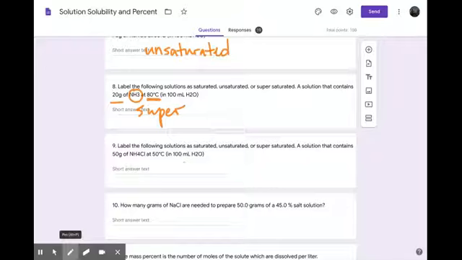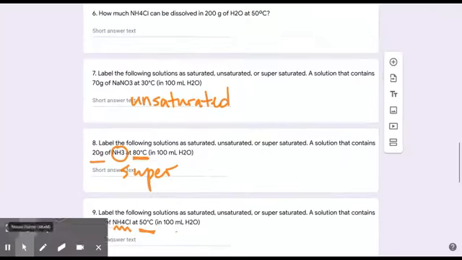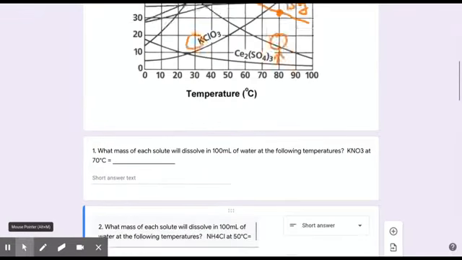Okay. Number 9. Label the following solution as saturated, unsaturated, or supersaturated. So we have 50 gram of ammonium chloride at 50 degrees Celsius.